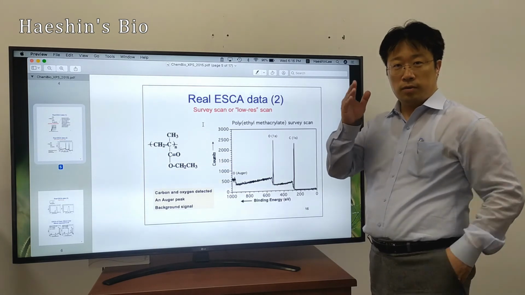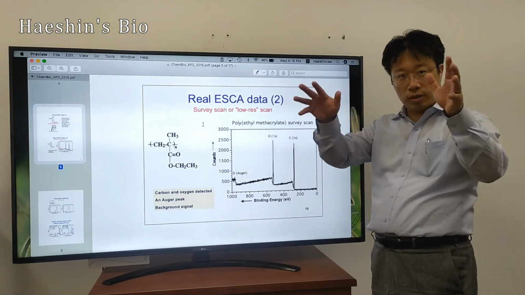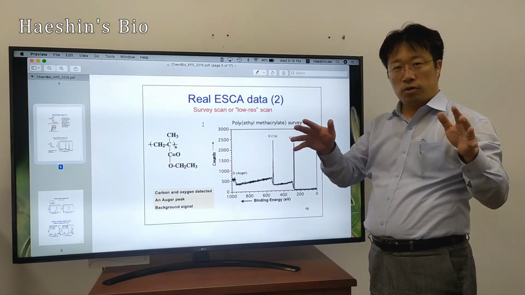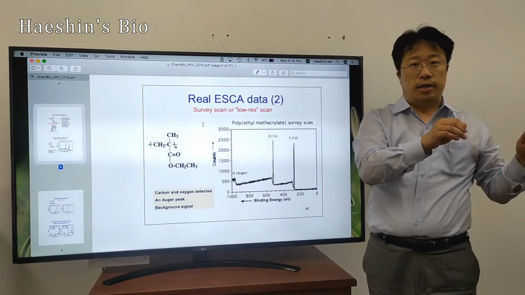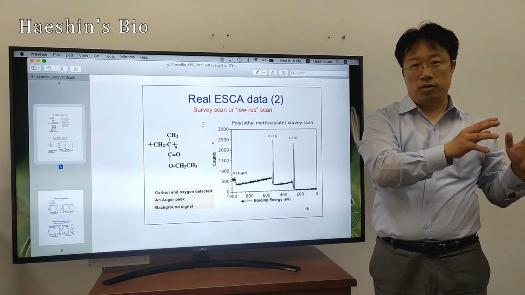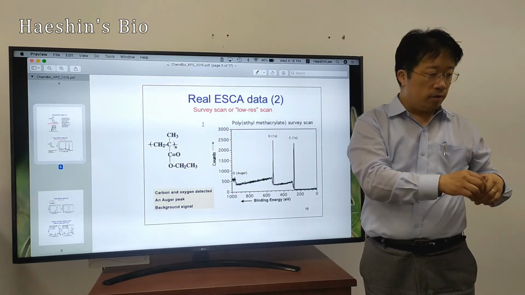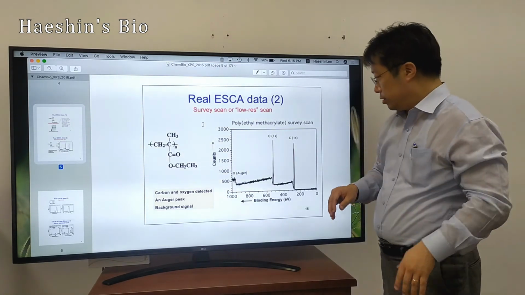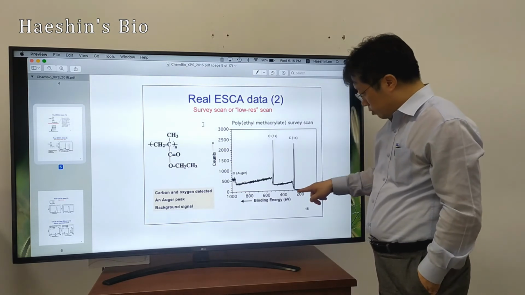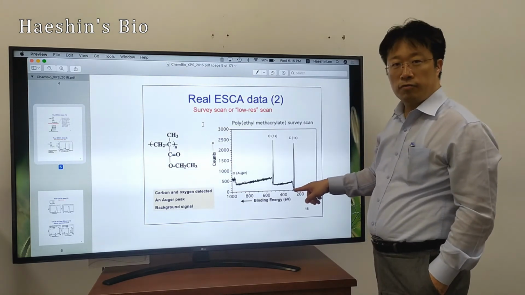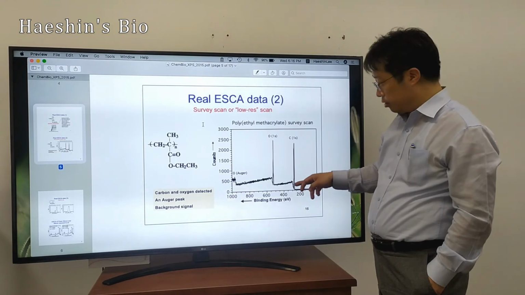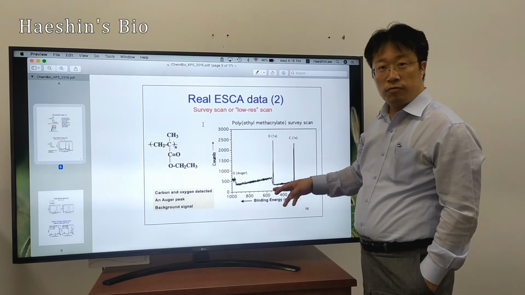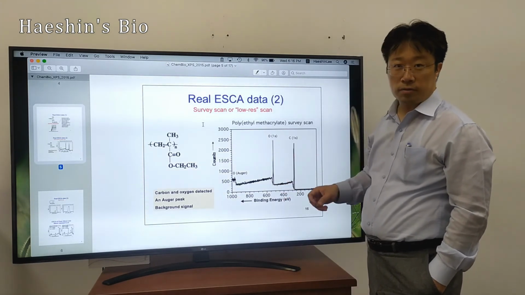If there are orbitals 1s, 2s, 2p, 3s, 3p, then the carbon 1s has a fixed binding energy for the electron level. Nitrogen has a different value, but it is also a fixed energy. In the case of carbon 1s, we have about 284 electron volts binding energy, which is this peak. And a little bit over 500 electron volts, you have oxygen.